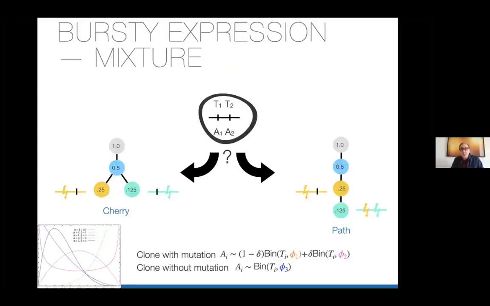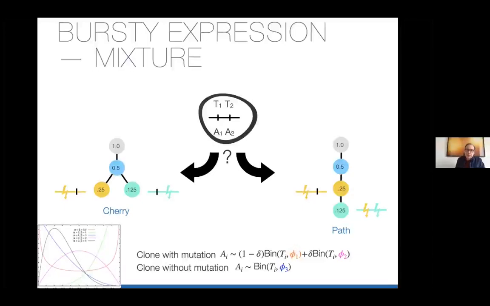But unfortunately, or fortunately, if you like modeling, biology is a bit more complex. And for that reason, what we use is not just this, but a mixture between two binomial distributions, which both have priors, which are beta distributions. In one case, we basically have what we had before, like a half, which is a beta distribution like this.